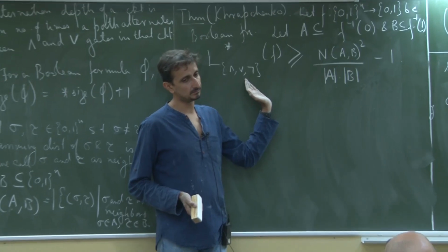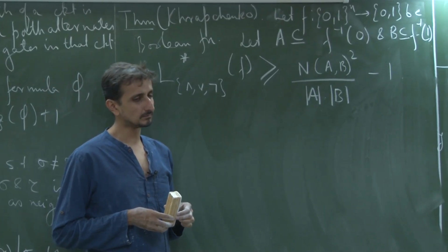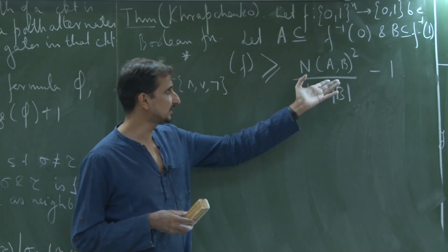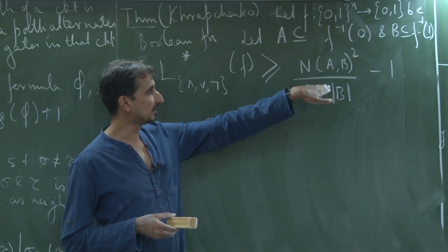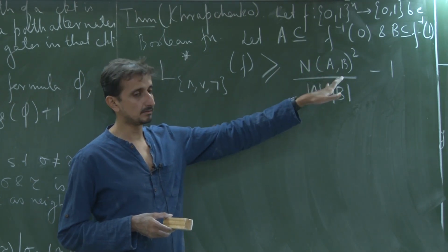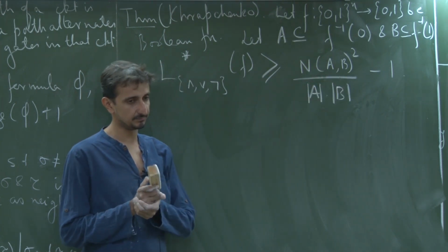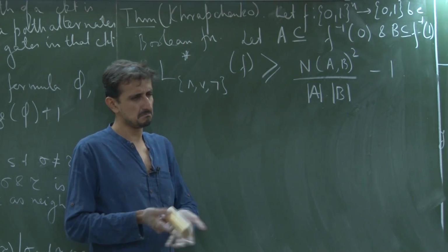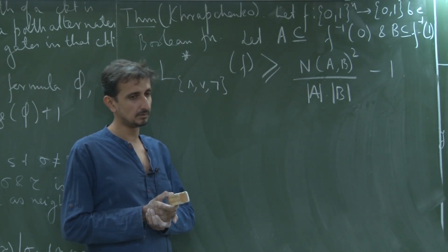N_AB is the number of elements from A cross B which are neighbors, right. It can take a maximum value of cardinality of A times cardinality of B.